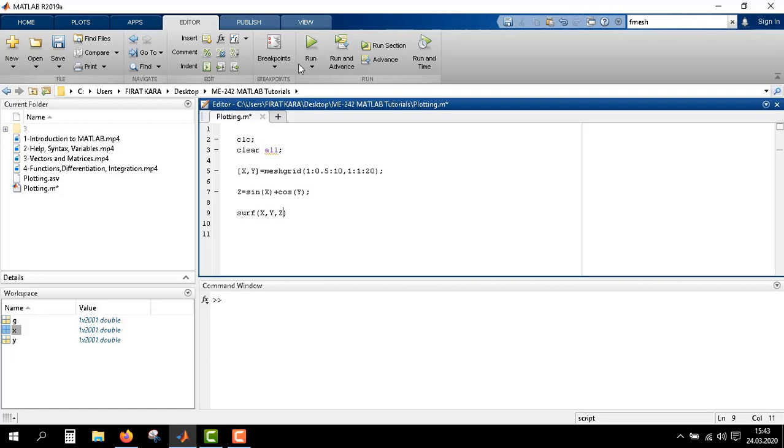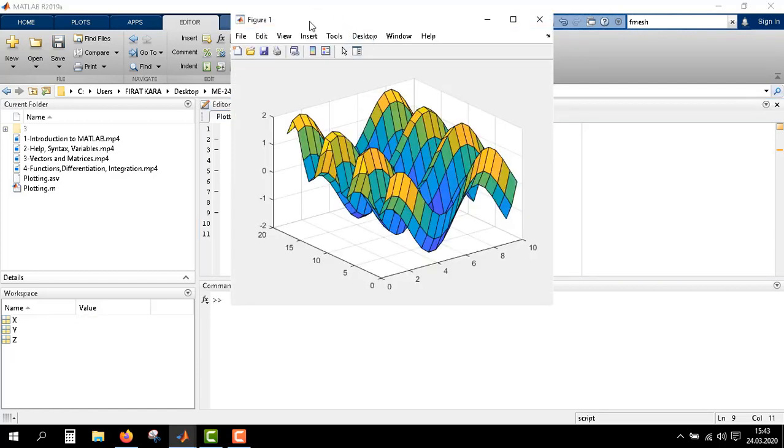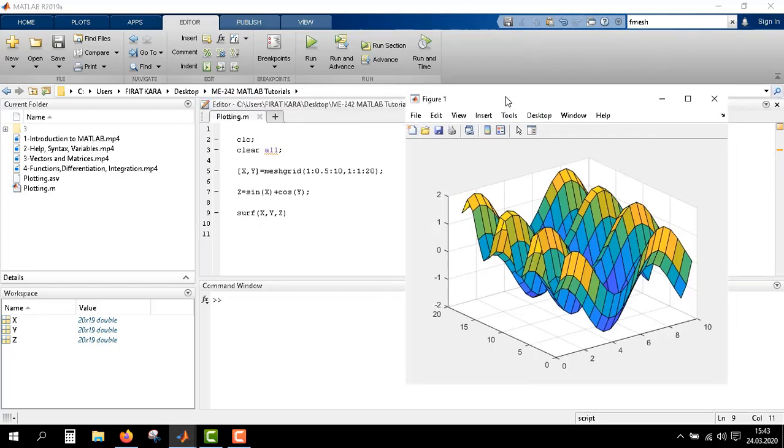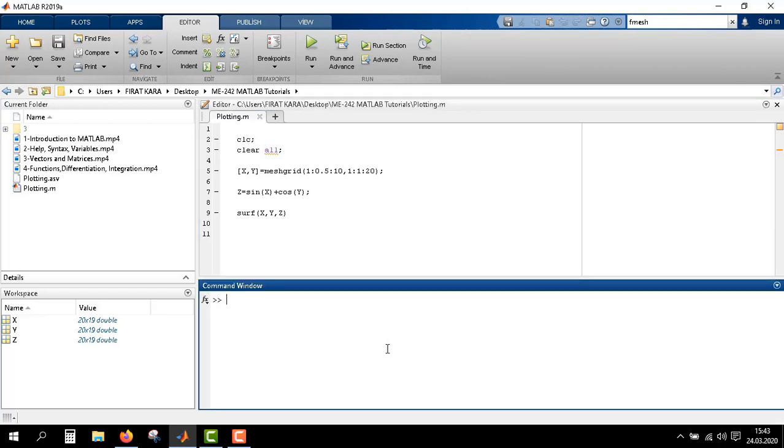Here you see we have the 3D plot, 3D surfaces in a graph. And if you want to get detailed or deeper information, as you know, you can use help surf.